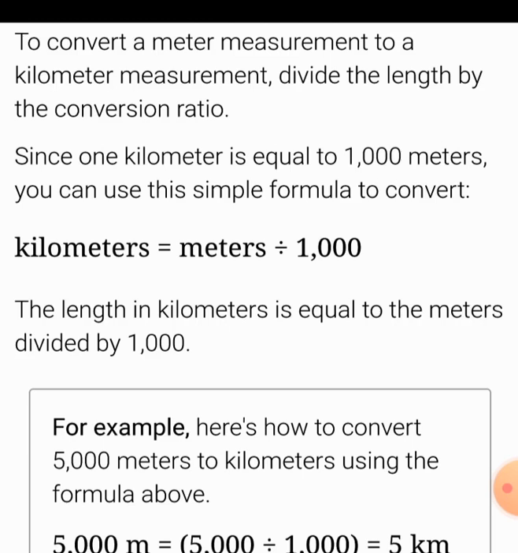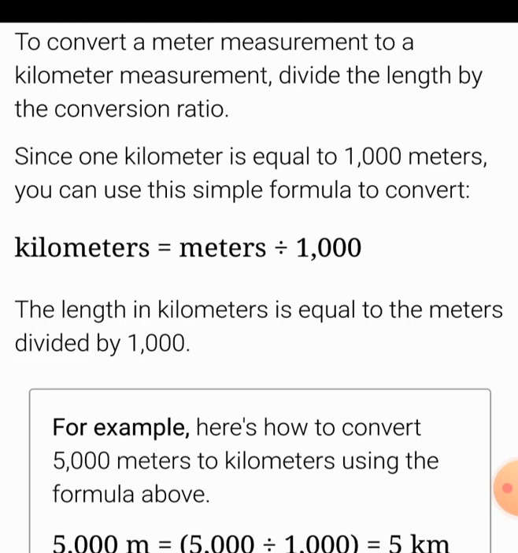So I want you to look on your screens right now. Here's an example on how to convert 5,000 meters to kilometers, using the method that we just focused on. We have 5,000 meters and we want to convert that to kilometers, so we divide this 5,000 by 1,000.